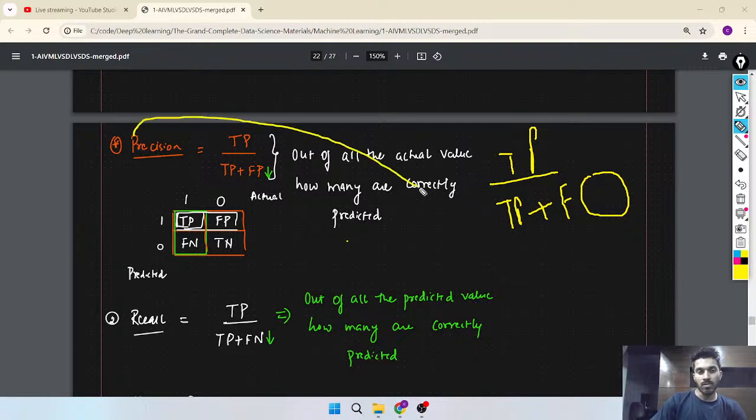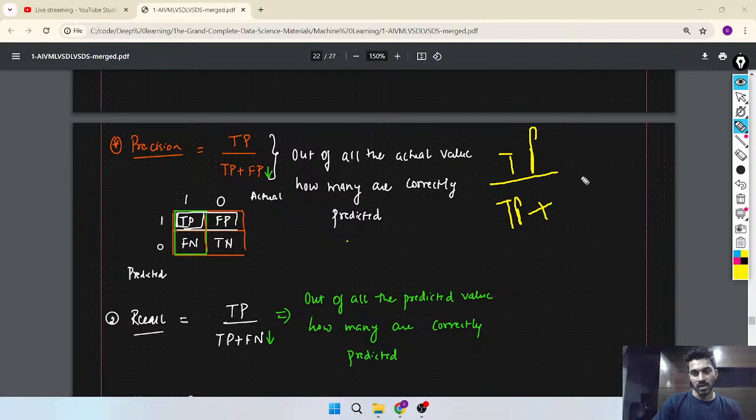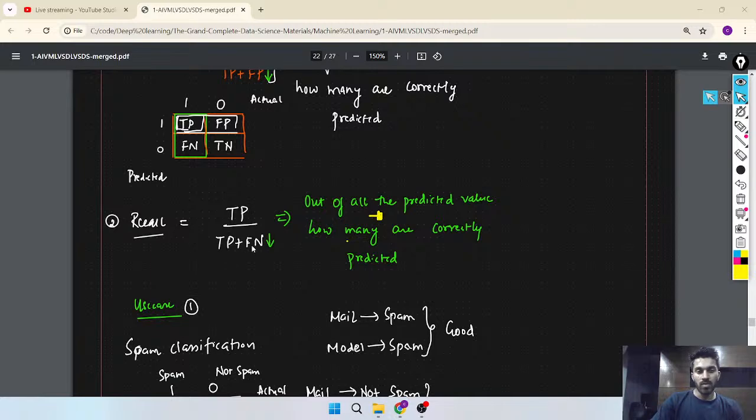Precision starts with P, so P goes with false positive. For recall, it's the opposite: false negative comes. To remember this formula, you can create a story like that.